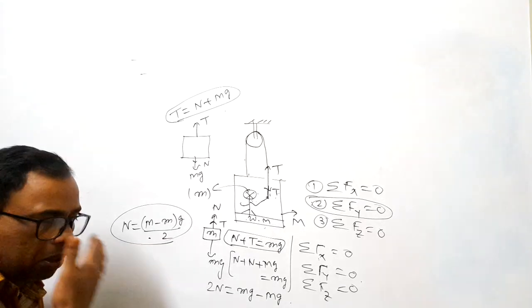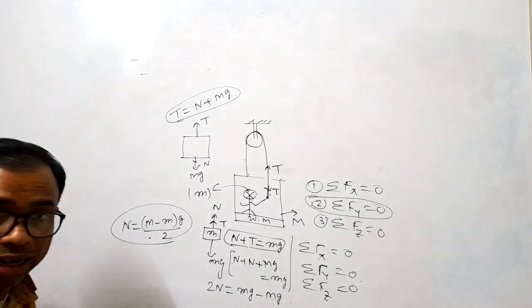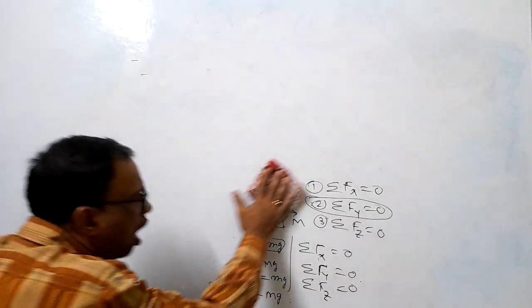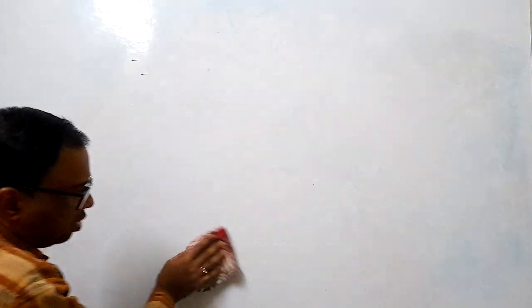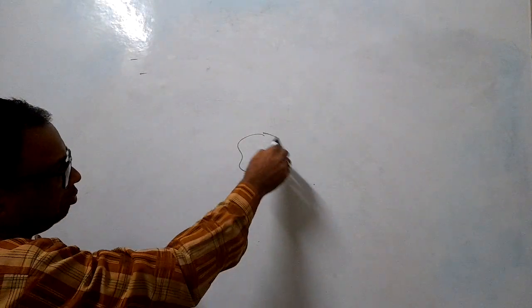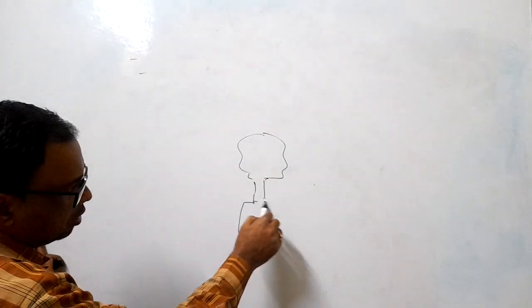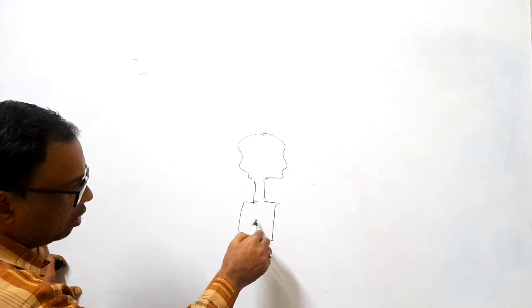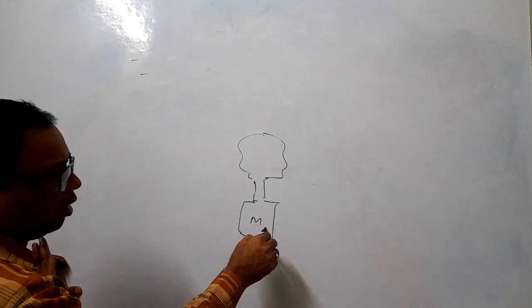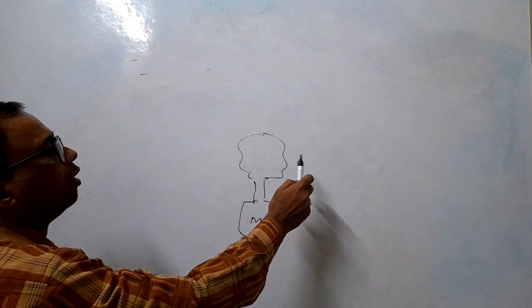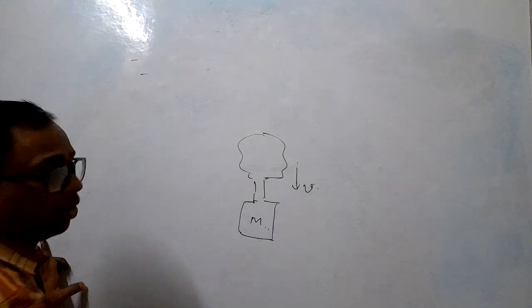Okay, there is the second example, and I will give you a third example. A very interesting third example. Suppose a balloon. The balloon is moving. Suppose the balloon is carrying some weight here, that is capital M, and the balloon is moving downward with velocity v.